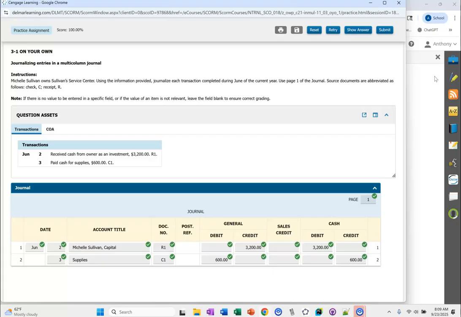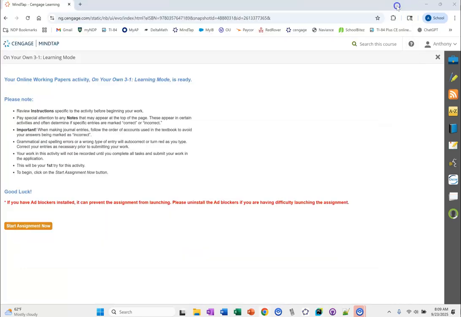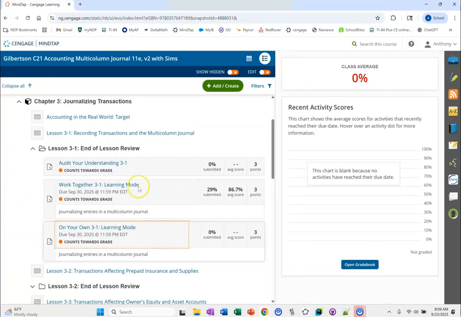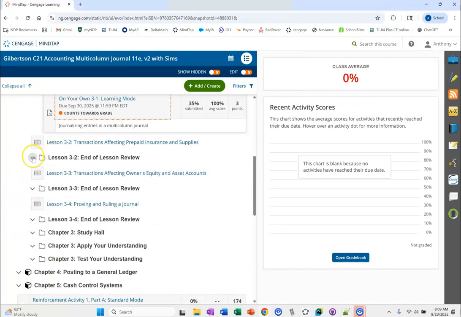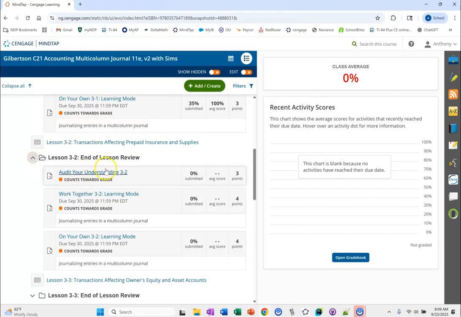How did that go? This is so much more convenient than on paper. I think it's better. Okay, and you're going to perfect it. All right, let's go to the 3-2, because we've done the 3-2 notes also, right?